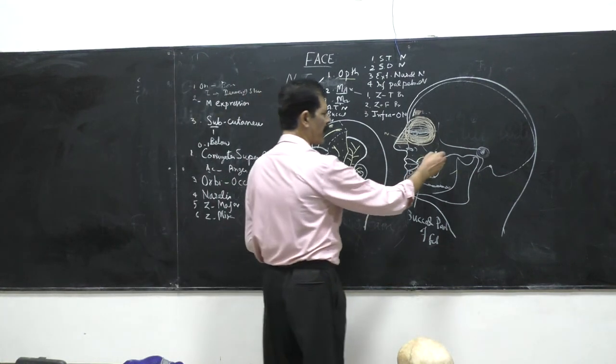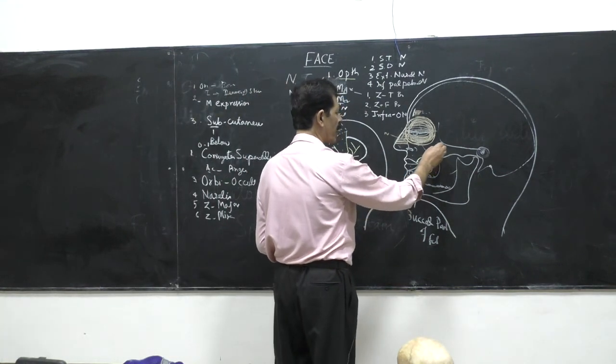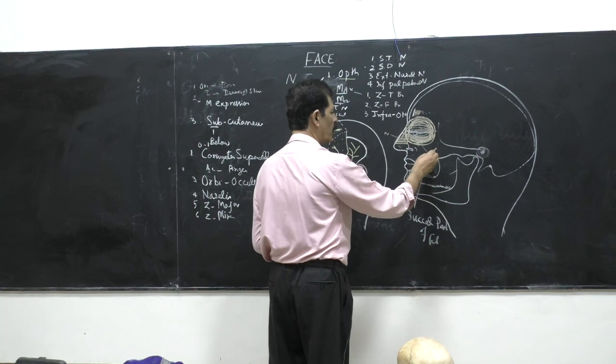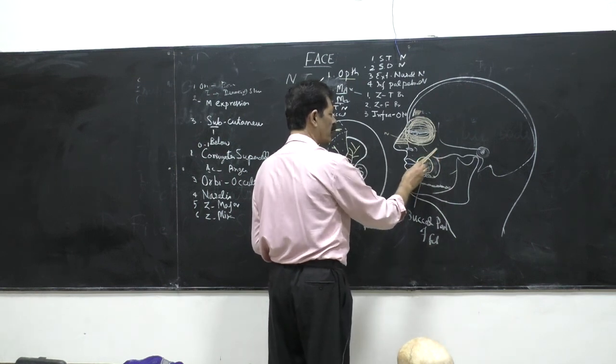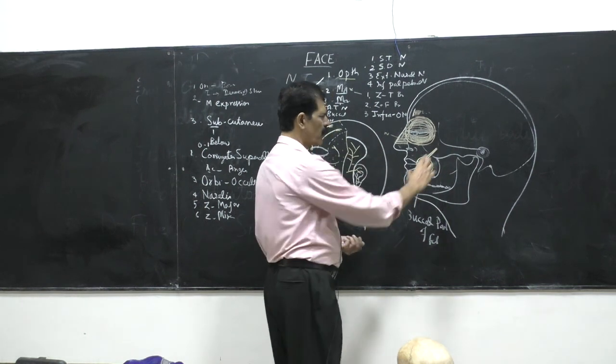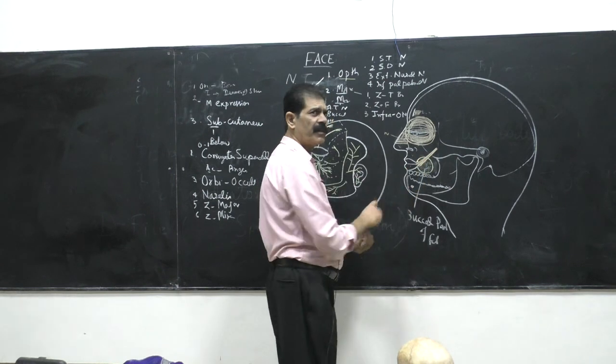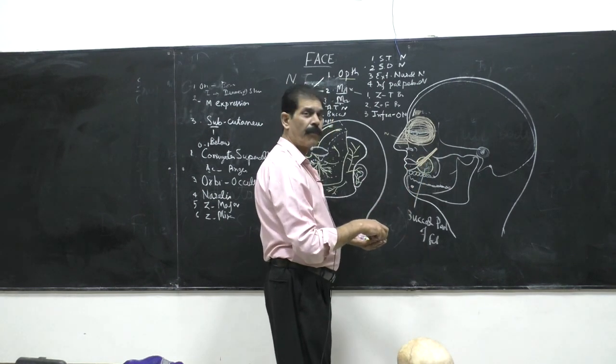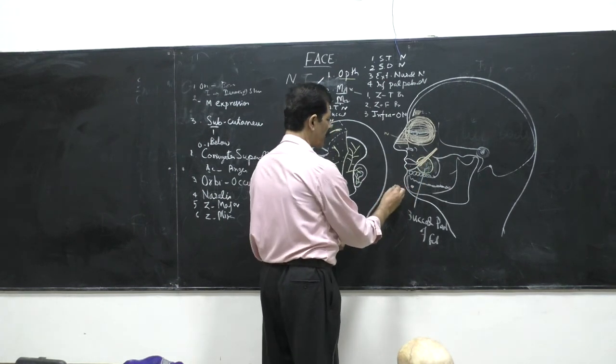As the name suggests, zygomaticus major takes origin from the zygomatic bone and is inserted over the angle of the mouth. It is called the laughing muscle, because when it contracts, the angle of the mouth goes upward.